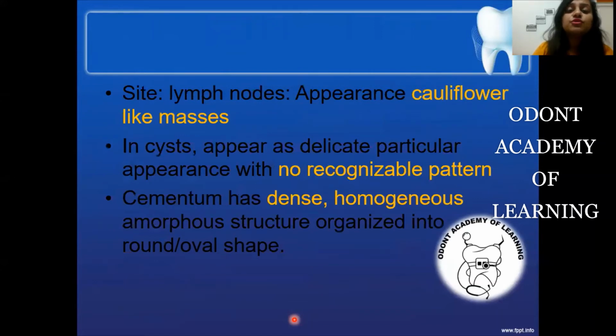Sometimes when the lymph nodes are involved, they become cauliflower-like masses of radiopacity, so it appears as a mixed lesion. In case of cysts, sometimes there is no recognizable pattern, in long-standing cysts. And sometimes when the cementum is involved, it becomes slightly homogeneous and dense, again giving a mixed appearance.